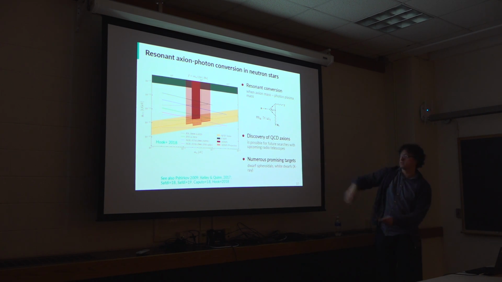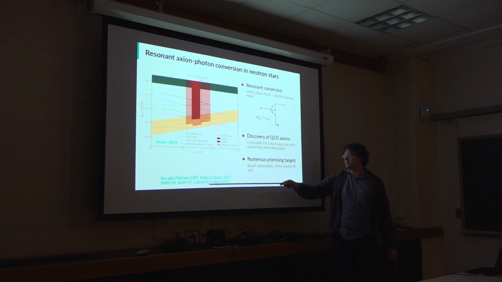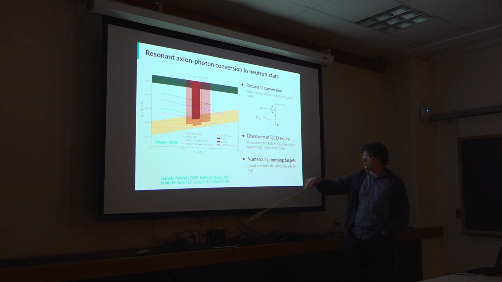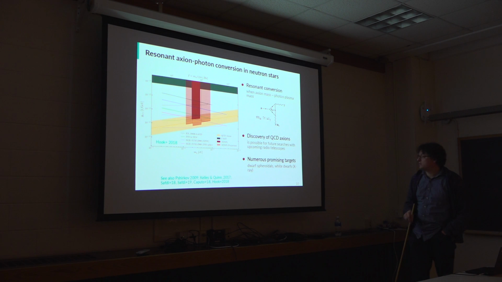This was first proposed in 2009 by Pshirkov and collaborators, and then got attention again through papers by mostly Ben Safdi's group here in the US, in Michigan. The first one was by Hook et al., and there were a few other papers. That caught my attention because it's a very interesting thing.